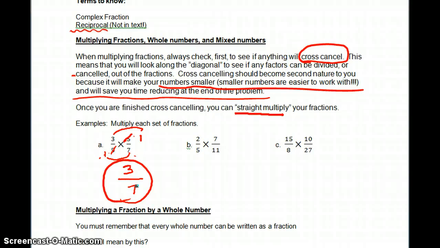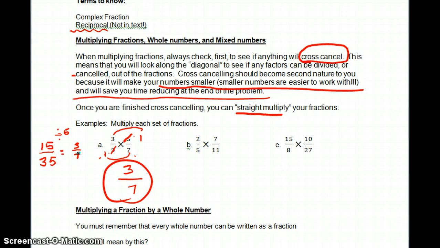Now, had we not cross-canceled, you would have straight multiplied and gotten 3 times 5 is 15, and 5 times 7 is 35. You would have then had to reduce that fraction by dividing out a factor of 5 in both the numerator and the denominator in order to get that 3/7.